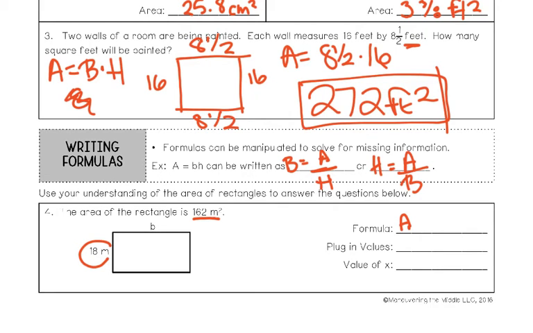Area equals base times height. And we're going to just plug in our values. So what's the area? We know that. 162 meters squared. And what's the base? We don't know, so B. And then we know the height is 18.